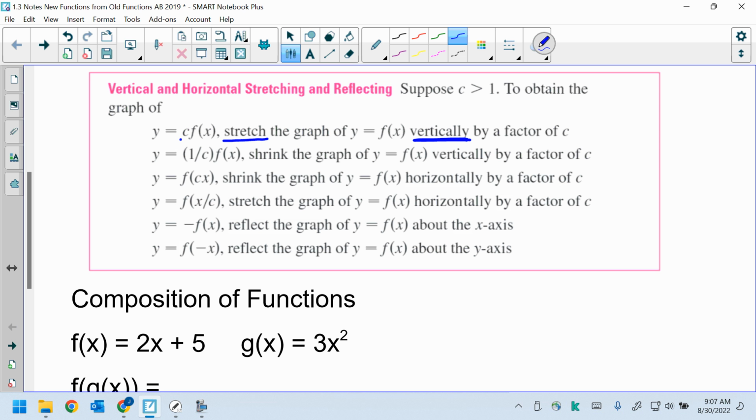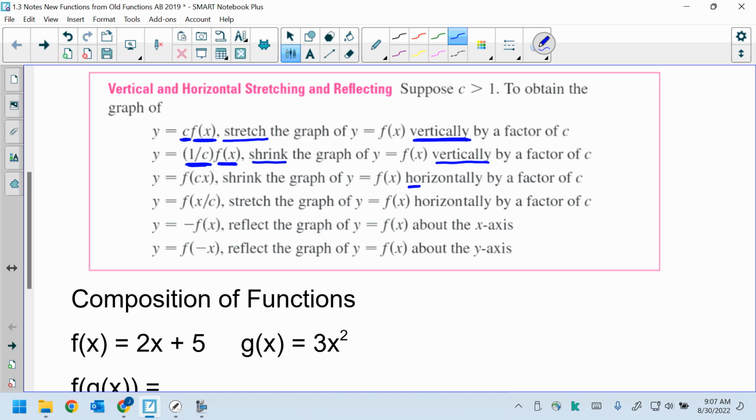What I'll do is I will multiply f of x, multiply that previous y value by a certain number. And now my y value is going to be much larger than what it was. That's going to be a vertical stretch. If I want to shrink things vertically, I'm going to multiply by a fraction. And if you multiply the previous y value by a fraction, well, you're making it smaller as long as that fraction is smaller than 1. So I'm doing things outside the parentheses when I want to impact them vertically.